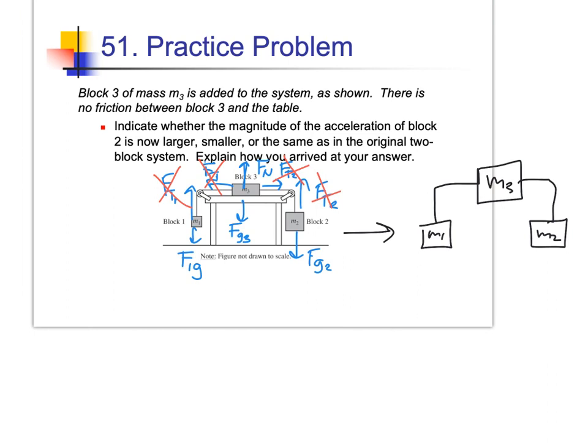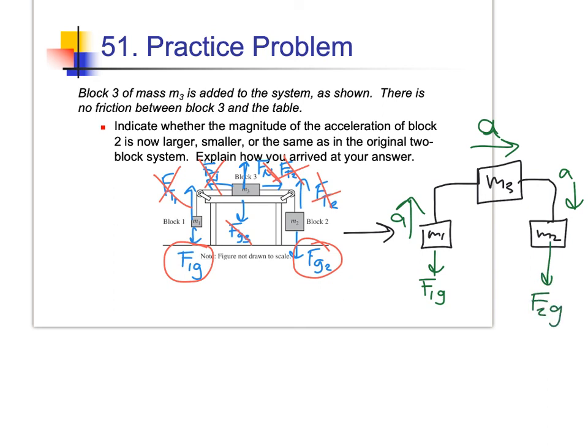And really, if we think about FG and FN on block 3, they're not accelerating the system because those two forces balance out. The only things accelerating the system are F1G and F2G. F1G, of course, is going opposite the direction of the acceleration. F2G is the thing that ultimately is causing it to accelerate.